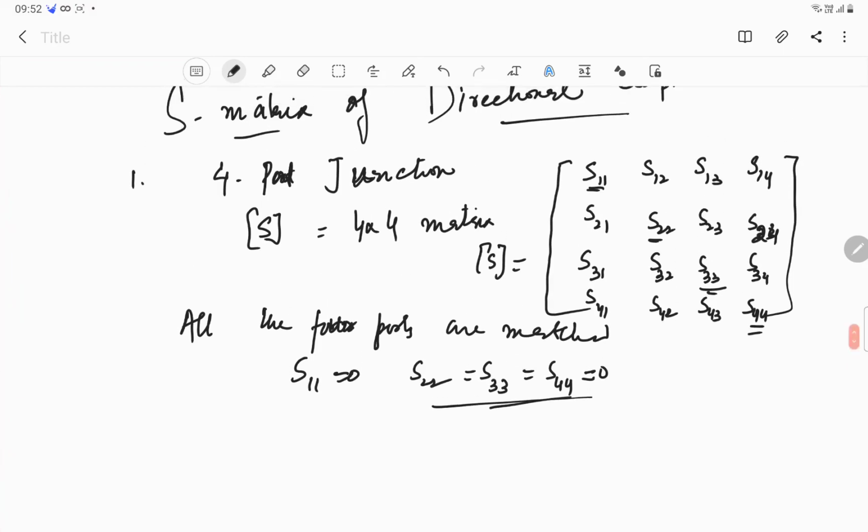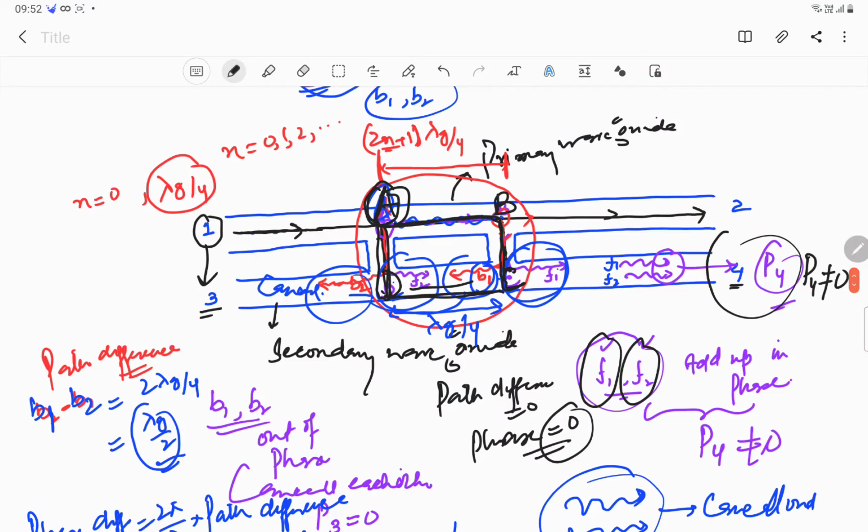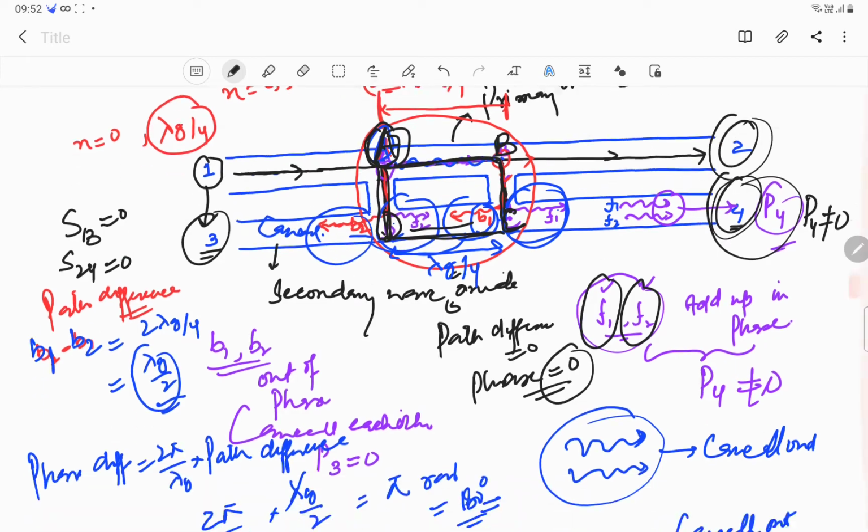And again, as I said, ports 1 and 3 are isolated and ports 2 and 4 are isolated. Ports 1 and 3 are isolated means S13 is 0, and ports 2 and 4 isolated would mean S24 is 0.